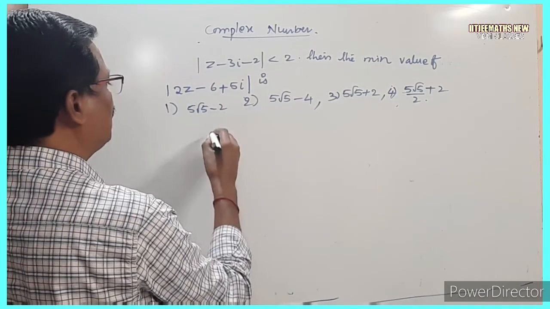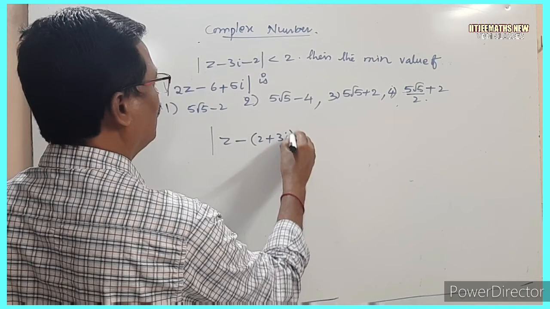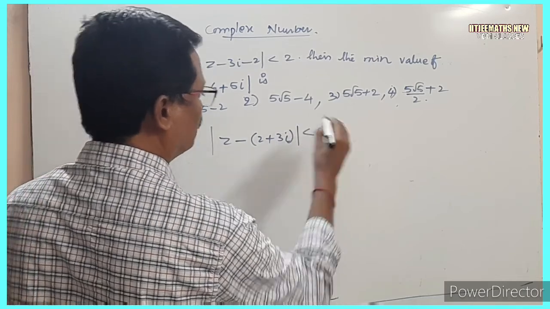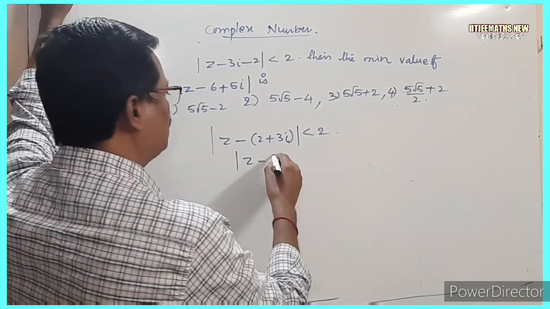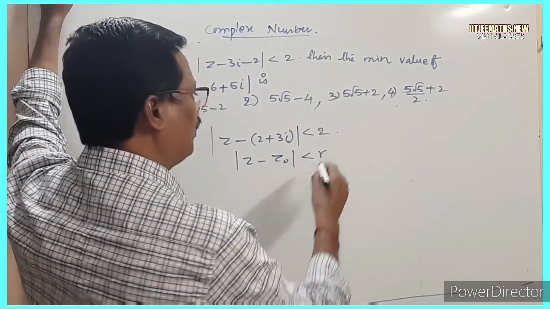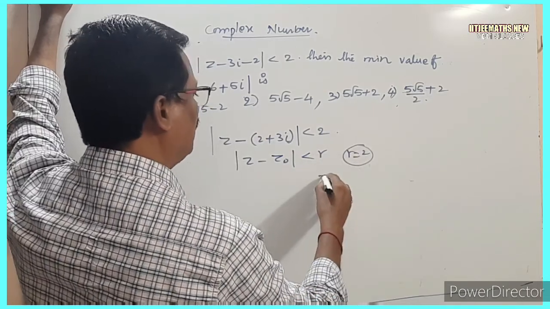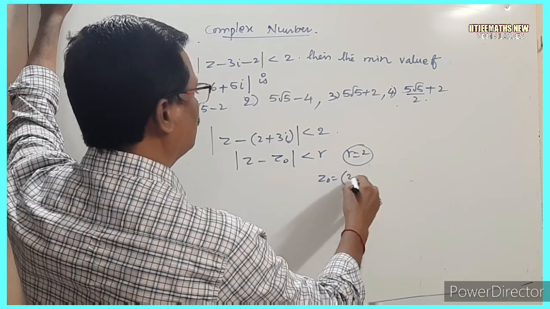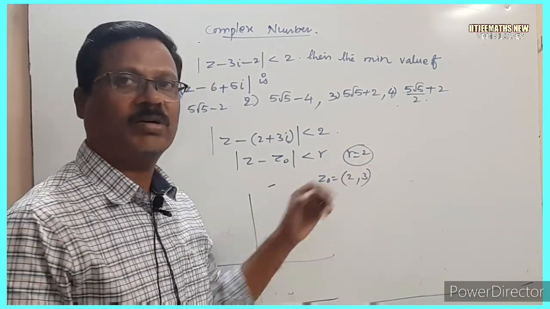Now see that this is mod z minus 2 plus 3i, right, less than 2. This is mod z minus z naught less than r. Therefore, the circle radius r is equal to 2 and the center of the circle is what?